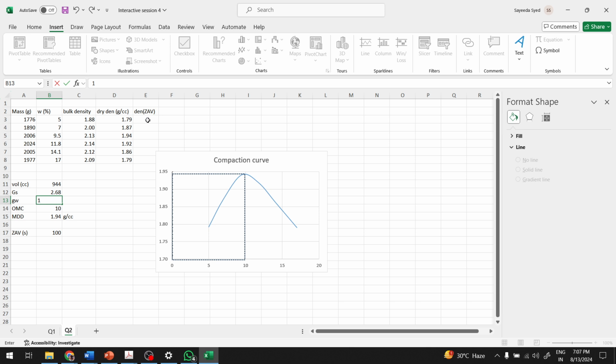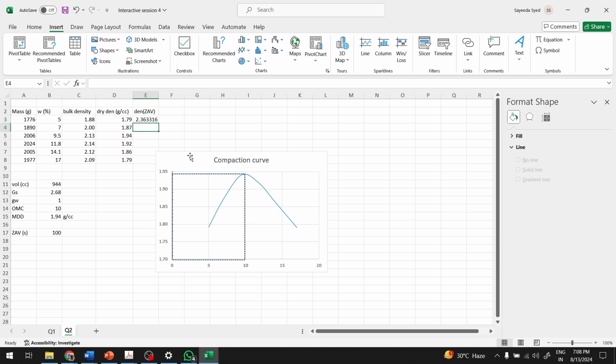So I will have G into gamma W over 1 plus G into W over S, where S is 100 for the ZAV line.